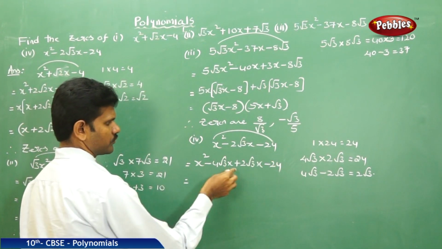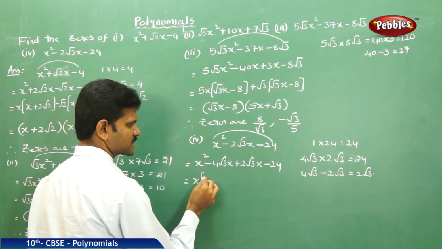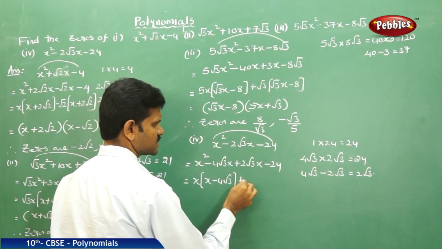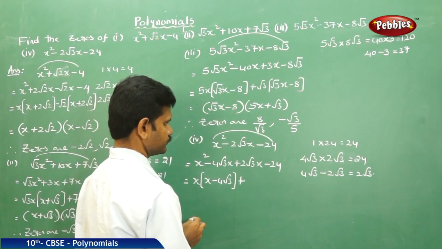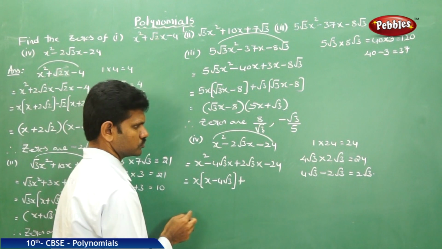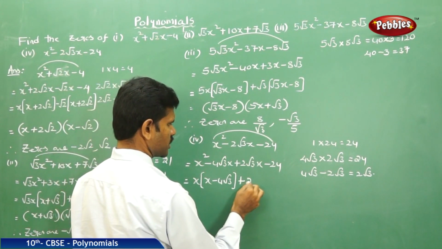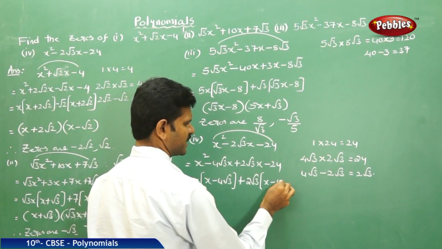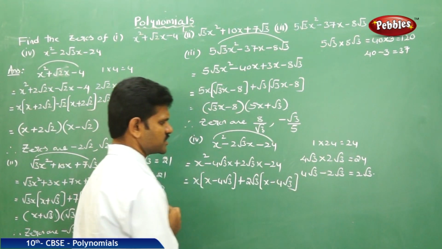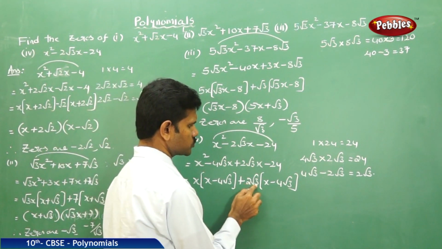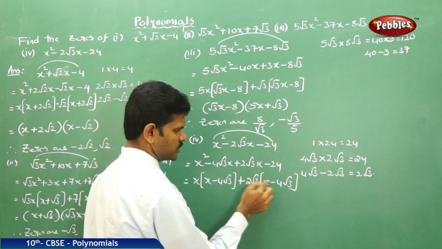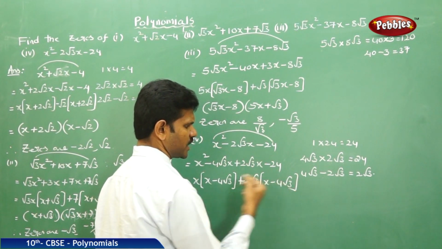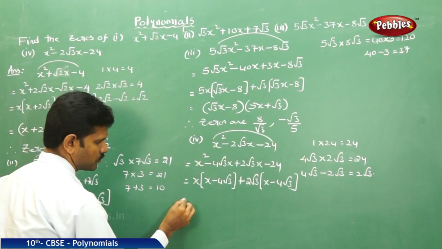That is equal to, from this one take x common. If you take x common, x minus 4 root 3, plus, now from these two take 2 root 3 common. If you take 2 root 3 common, x minus 4 root 3, let us check once. 2 root 3 into x, 2 root 3x, plus into minus, minus 2 fours are 8, root 3 into root 3, 3, 8 threes are 24, you got your previous step.